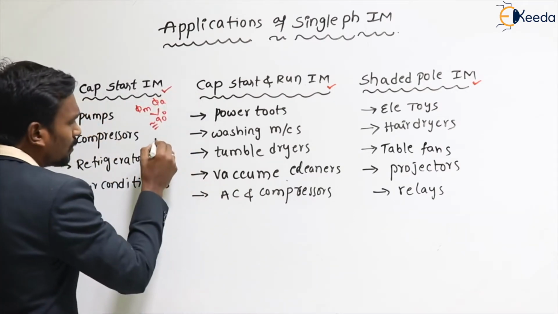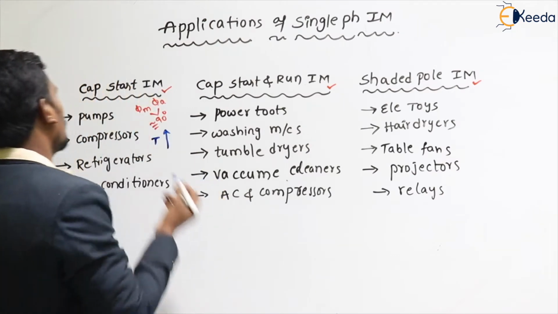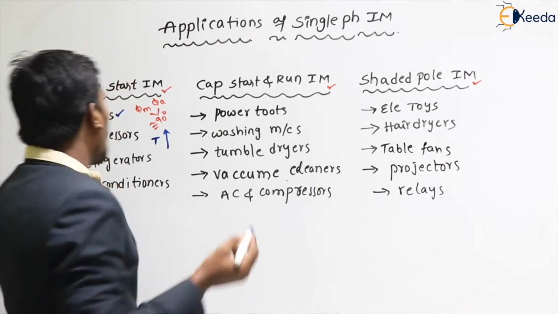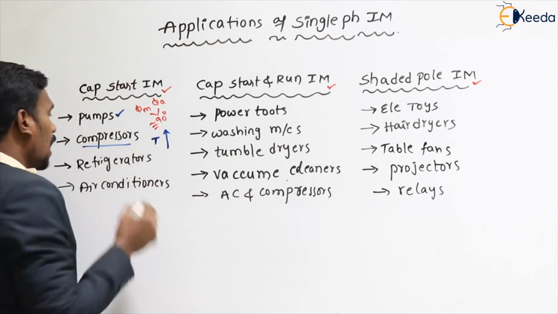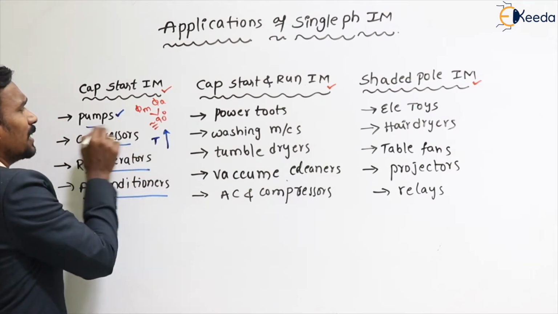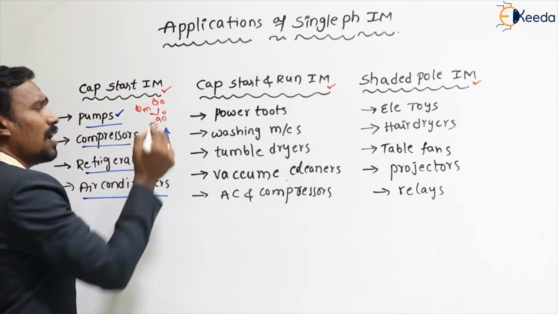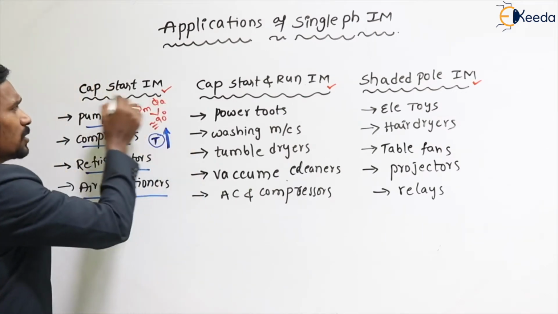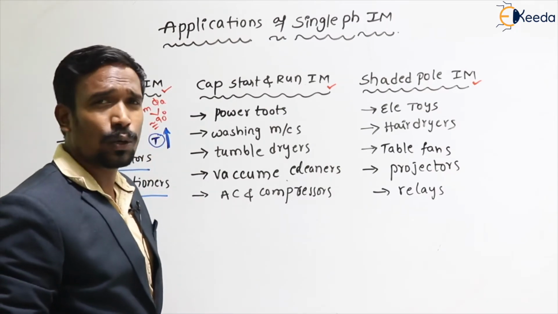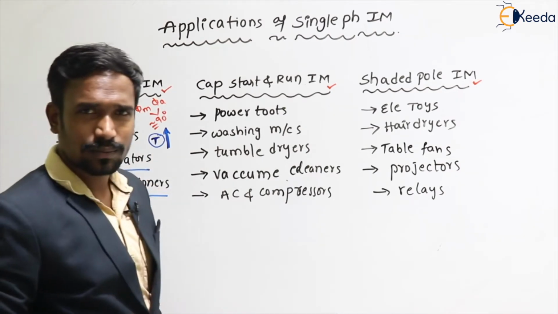That's why these are used for pumps, domestic pumps, compressors, refrigerators and air conditioners, where we require somewhat better starting torque. Like reciprocating and centrifugal pumps, low rating pumps, compressors, refrigerators and air conditioners.